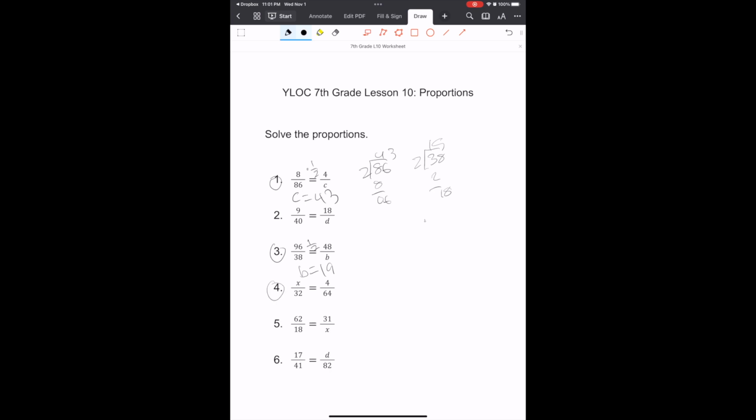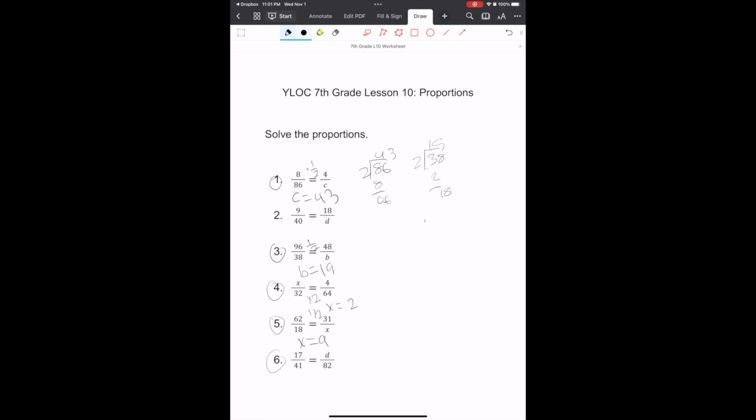4, 32 to 64, that's 32 times 2, so you do 4 divided by 2 to get that answer, so x is equal to 2. Number 5, 62 divided by 2, or times 1/2, is equal to 31, and 18 divided by 2 is equal to 9, so x is equal to 9.